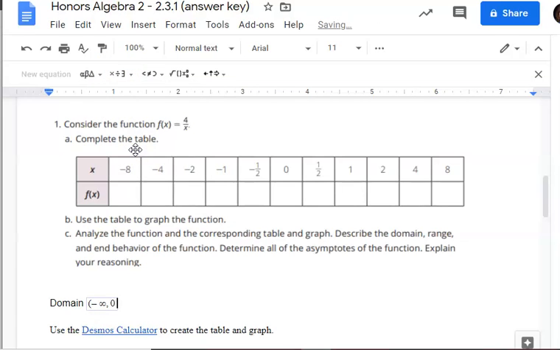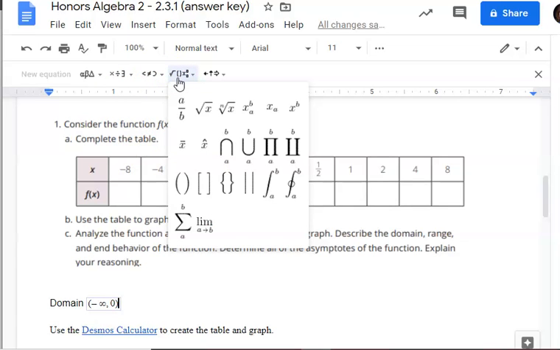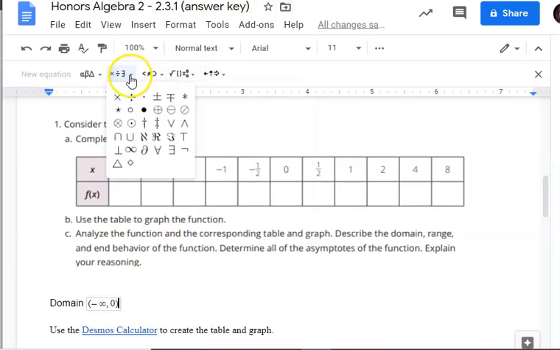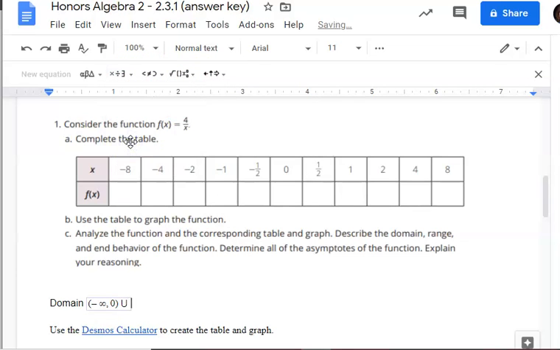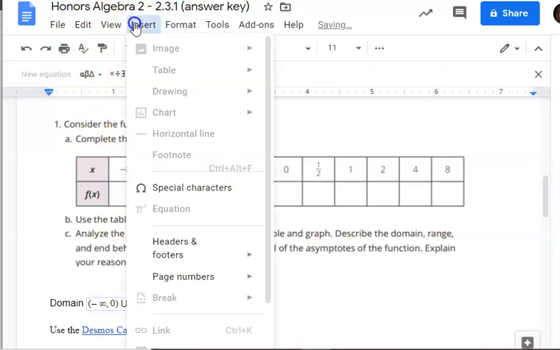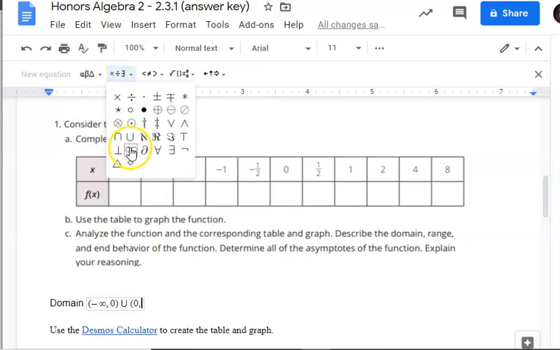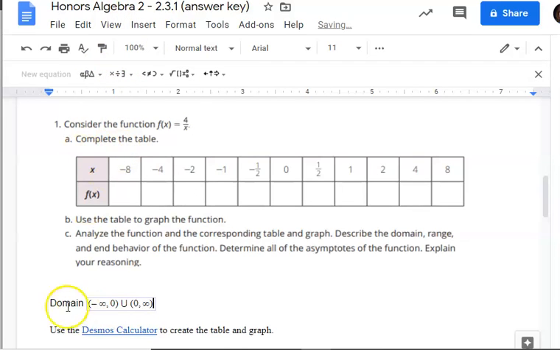To 0, then close your parentheses, and then we need to put our little U shape in here. Here it is. And then we're going to go from 0 to infinity. Infinity. All right, so this is your domain.